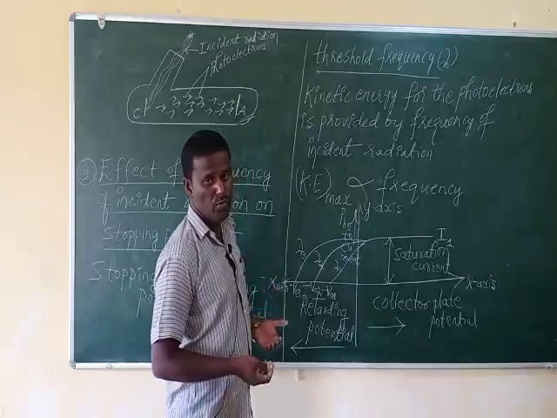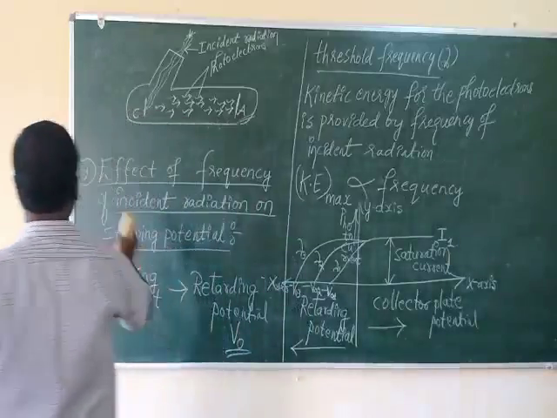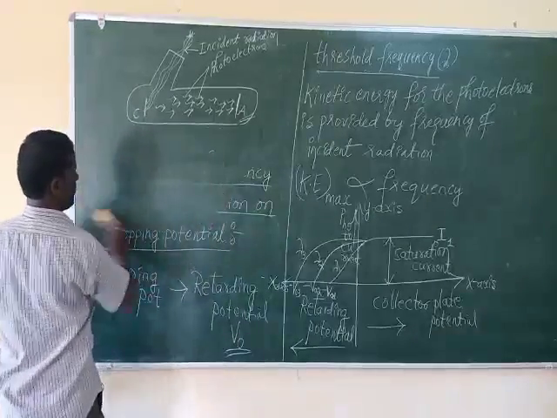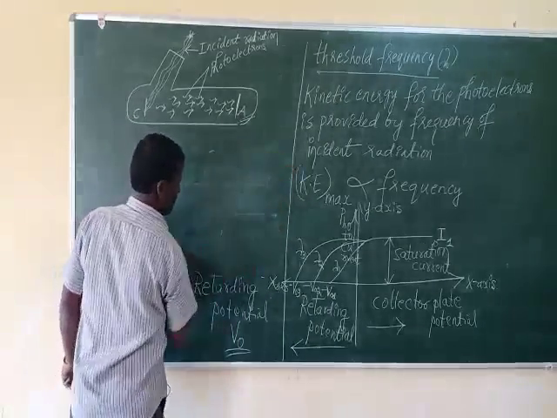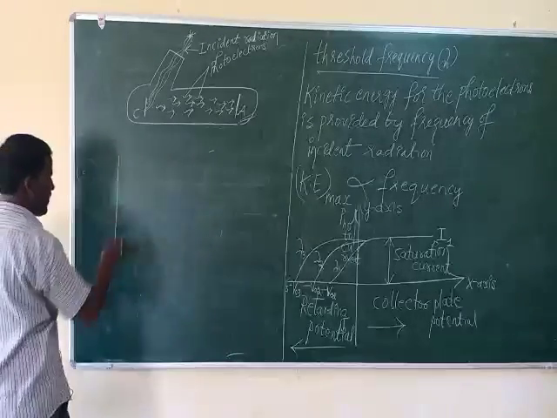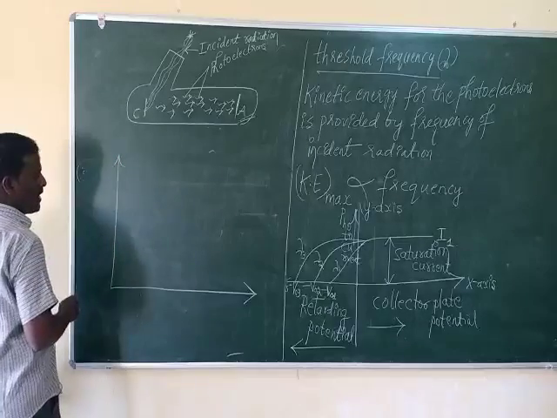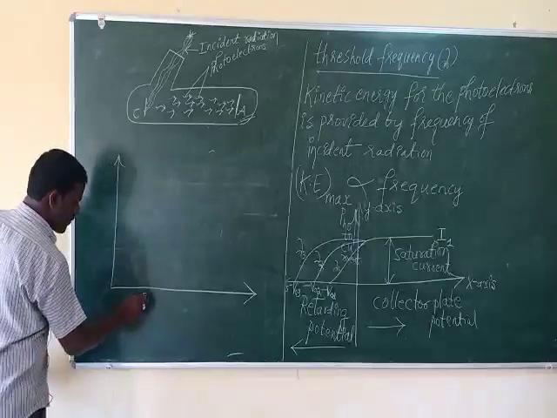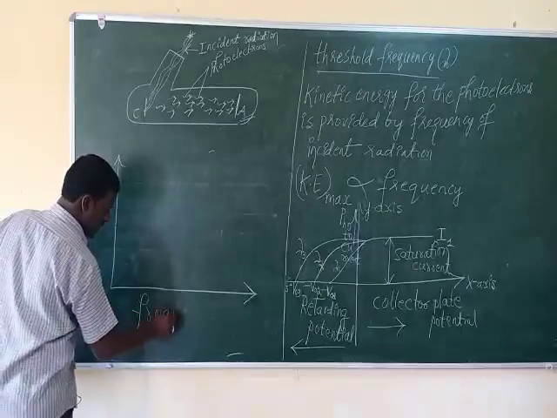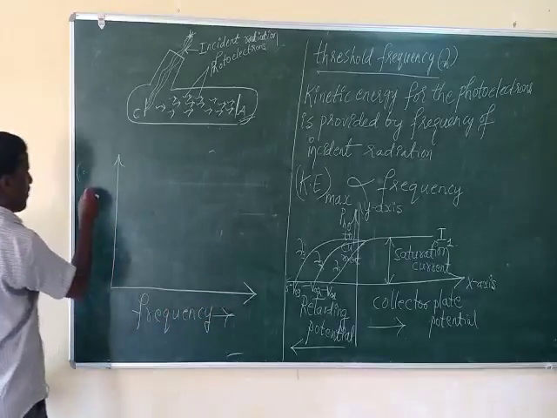In another graph, we show how the frequency depends on stopping potential. See, this is the graph of only frequency, we shall take frequency on this side and stopping potential.